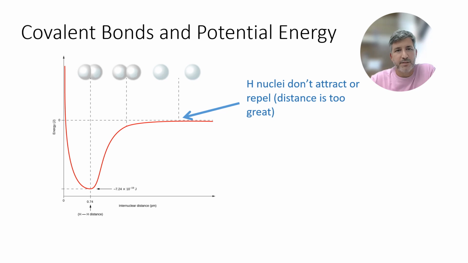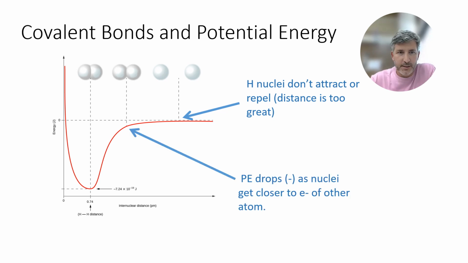As these two atoms get closer and closer together, all of a sudden the energy is going to change a little bit. And so what we see here is the potential energy, which is the y-axis, drops as the nuclei get closer to the electron of the other atom. And that's because they're losing energy because they're gaining stability, because positive wants to be close to negative.